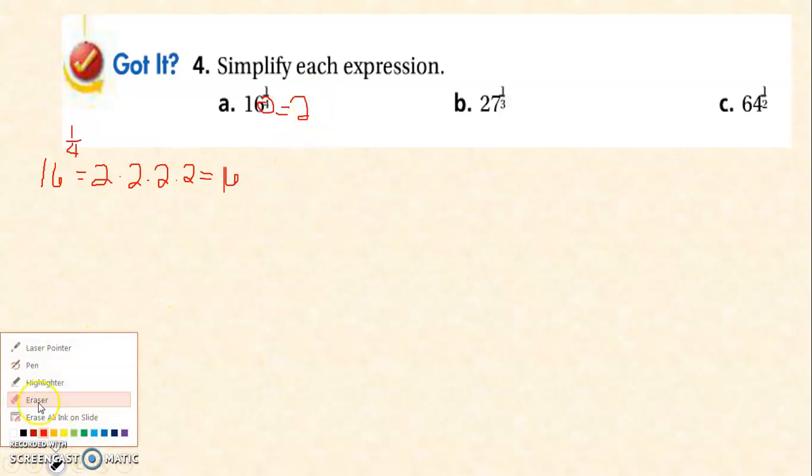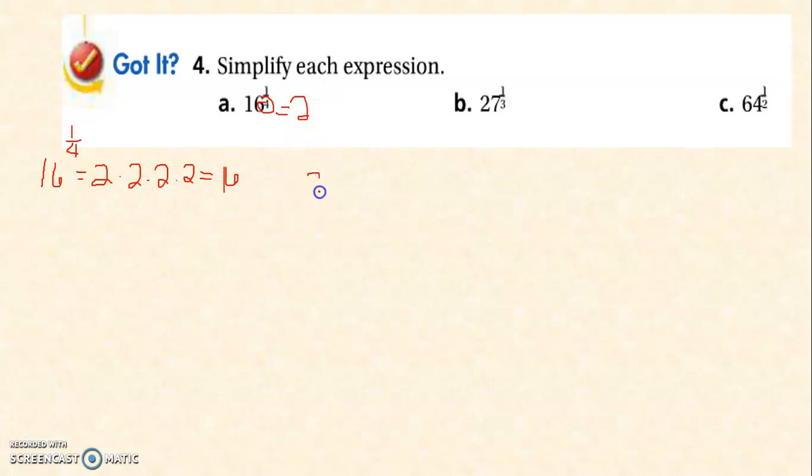Next, let us try the second one. 27 raised to 1/3. Our denominator here is 3. So we're going to think of a number which, when multiplied 3 times, the outcome is 27. Can we have 2? What is 2 times 2? 4 times 2, 8.